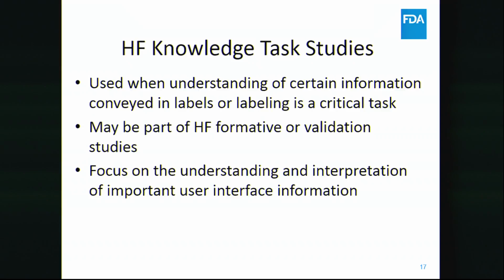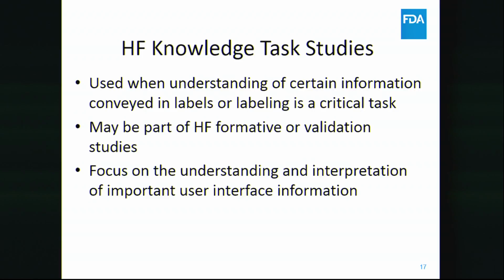So the knowledge task studies, which I touched on before, this is used when we want to understand certain information that's conveyed in the labels and labeling that are critical. There are some things that you cannot directly observe. I can observe someone as to whether they can hold an injection in place, but I may not be able to observe whether they understand if they have this particular indication or contraindication, or if they are actively bleeding, whether they should proceed with using the product.